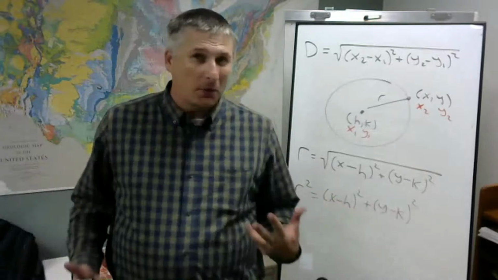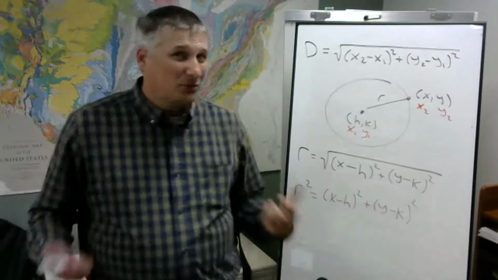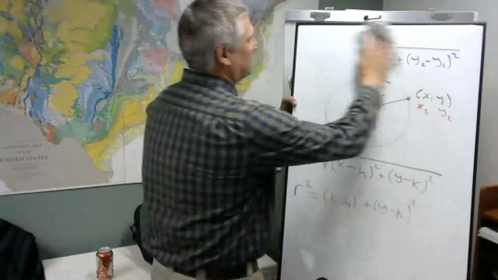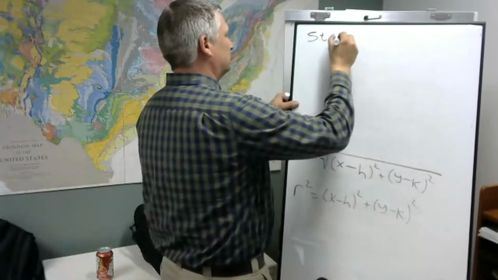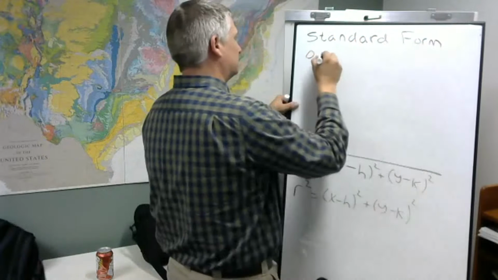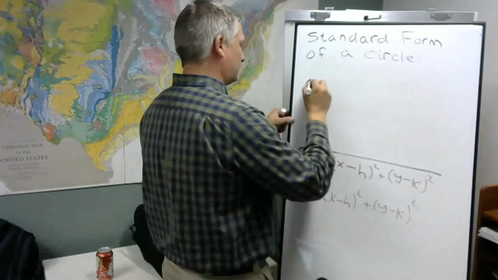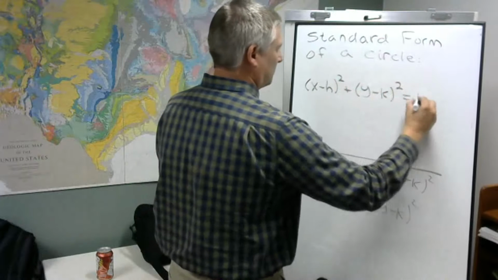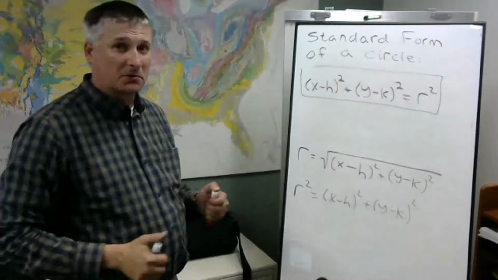Assuming (x, y) is a point somewhere on the circle that has a center of (h, k) and the radius is r, (x, y) is only going to be a point on this circle if it satisfies this formula. And that's the standard form for our circle.